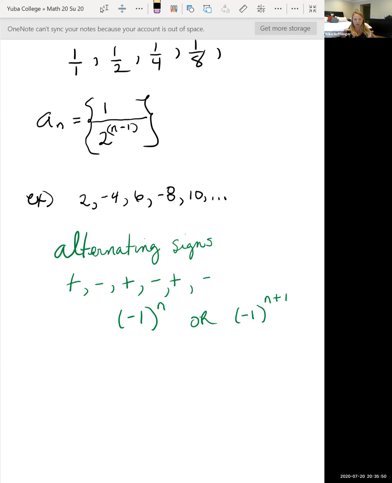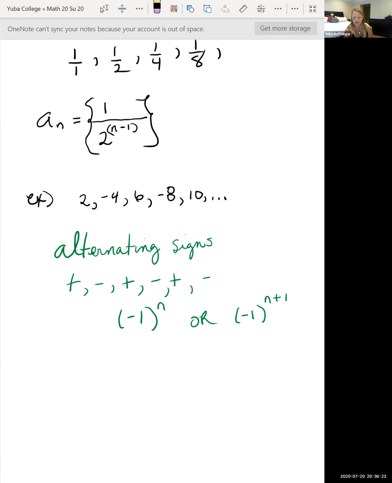So I would start with my terms alternating in signs, starting with a negative. If I wrote it in the form of -1 raised to the n plus 1 power, when we plug in 1 there, our exponent is going to be even. Raising a negative to an even power is positive, and so that would give us the positive value in front. So once you see that it's alternating in signs, you need to know that there's a -1 raised to some power with n in it.